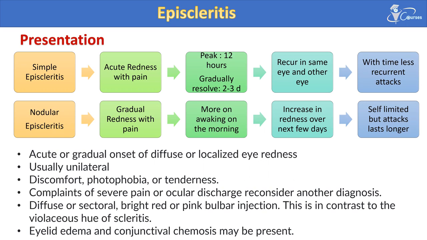One is the pain: severe pain occurs in scleritis, while in episcleritis there will be mild pain or discomfort. The second is the color: in episcleritis it will be pink or bright red, while in scleritis it will be violaceous. Eyelid edema and conjunctival chemosis may be present as well.